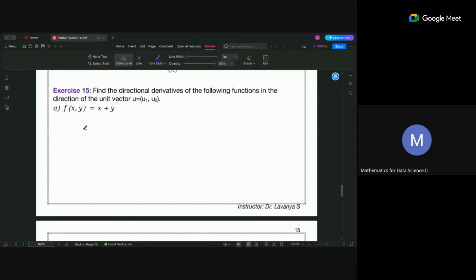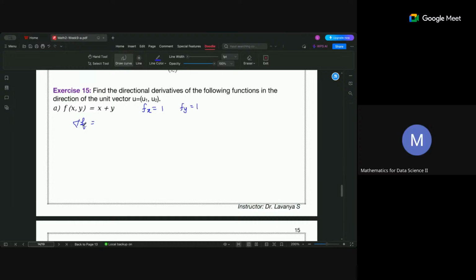Here you see, if you are applying this formula, what is your gradient function? What is fx? The partial derivative with respect to x is 1. What is fy? 1.